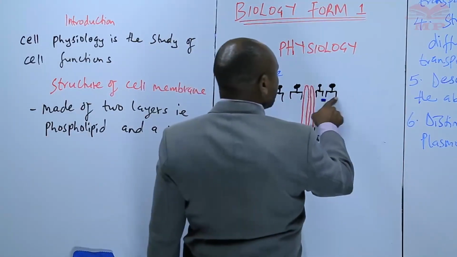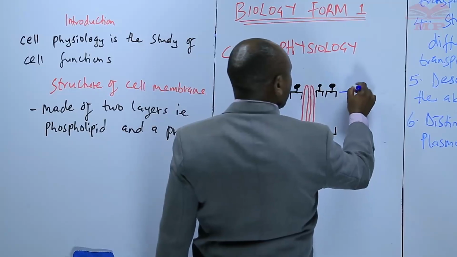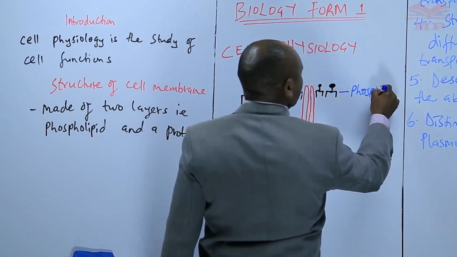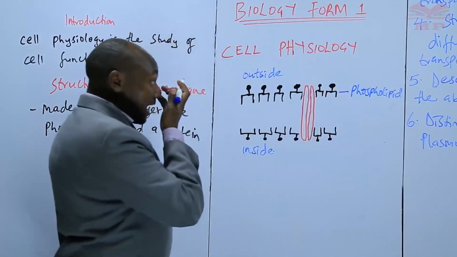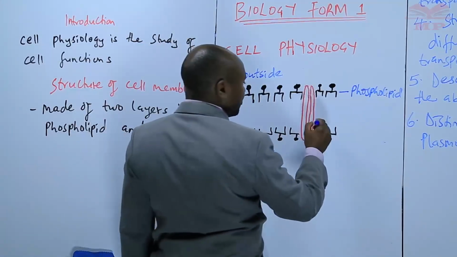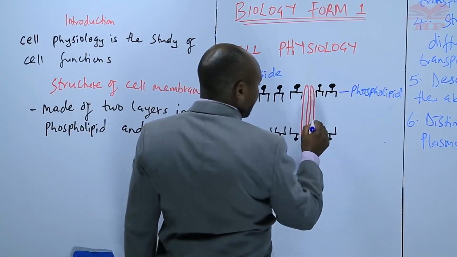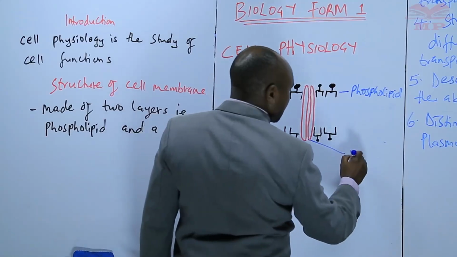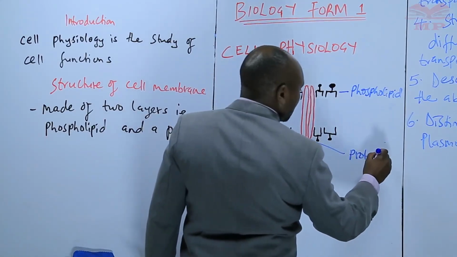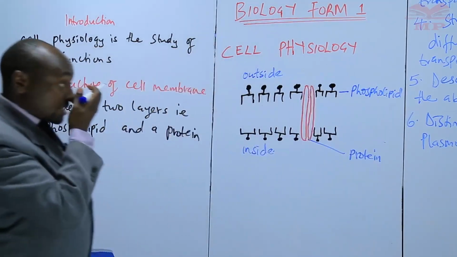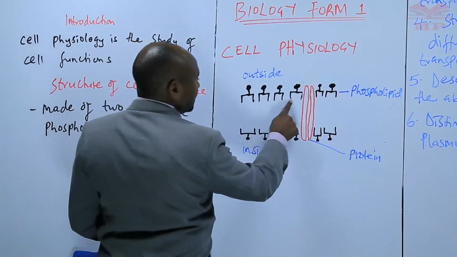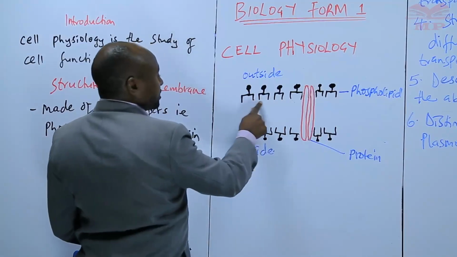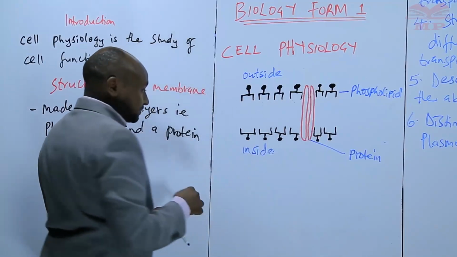So this first layer is the phospholipid layer. And then the one that is marked using a different color, that is red, is the protein layer. So basically we are saying that a cell membrane is made of a phospholipid layer or a fat layer and a protein layer.